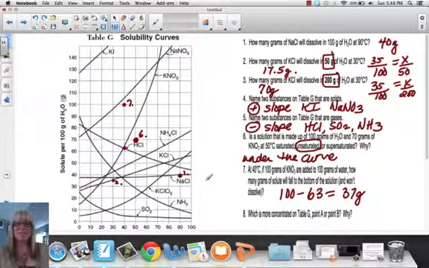And which is more concentrated on table G, point A or point B? Let's talk about NaNO3 for this question.